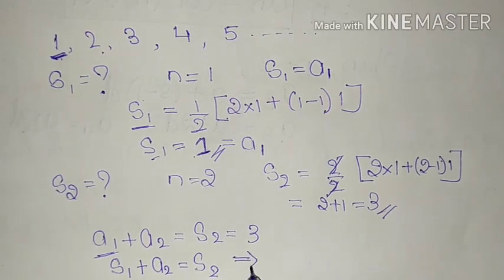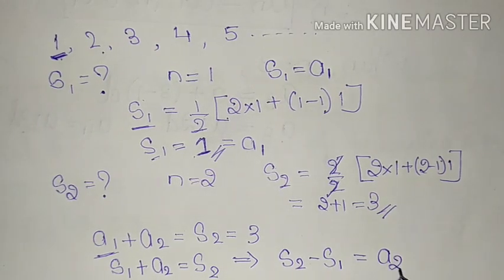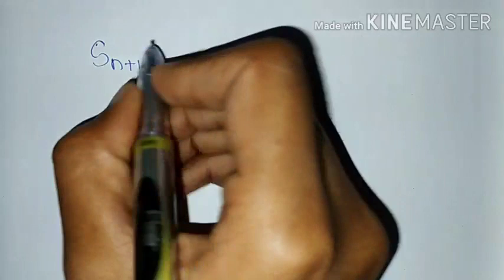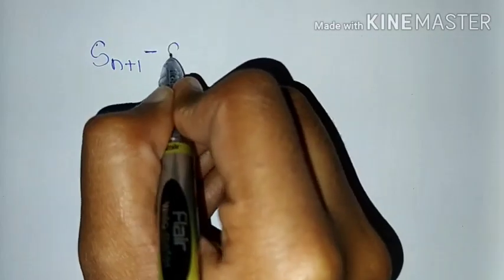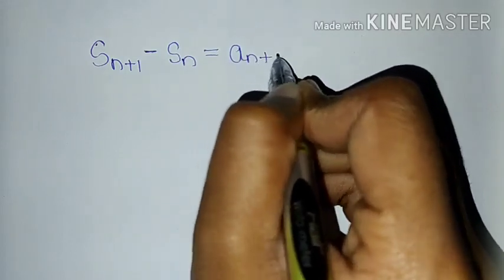This implies S2 minus S1 is equal to A2. Generalizing this result, we get Sn plus 1 minus Sn will always give An plus 1.